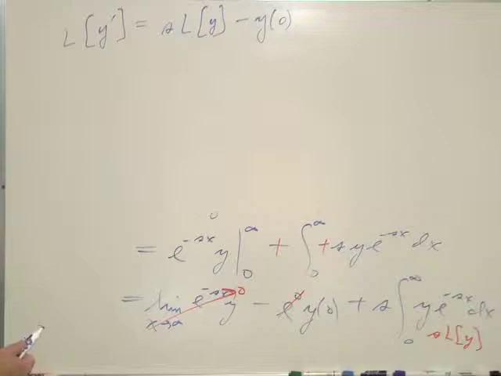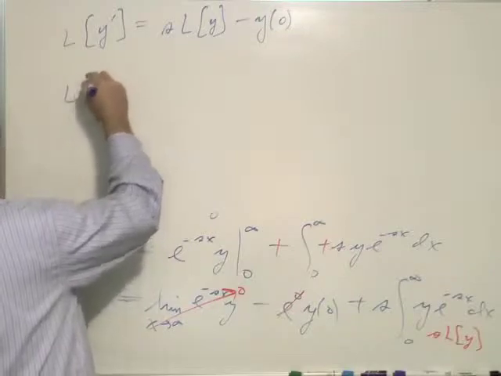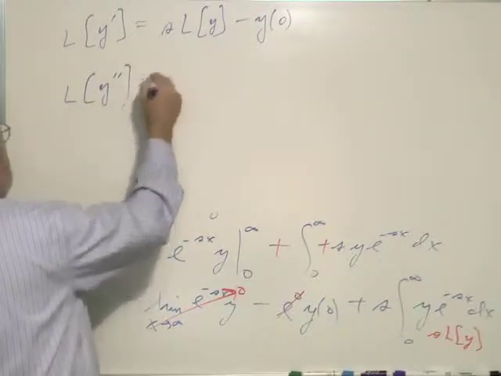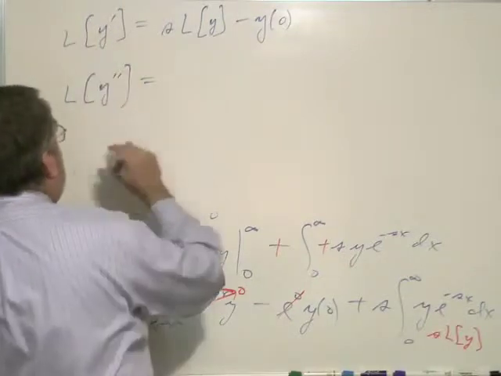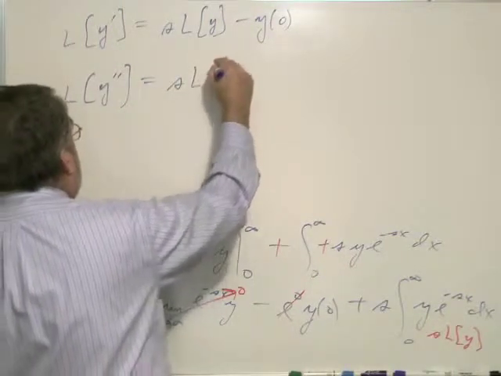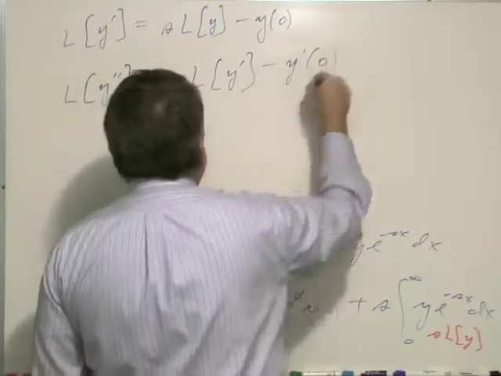Okay, let's go ahead while we're at it. Let's see if we can figure out what L of y double prime is. Well, this is the derivative of the derivative, so this would be s L of y prime minus y prime at 0.